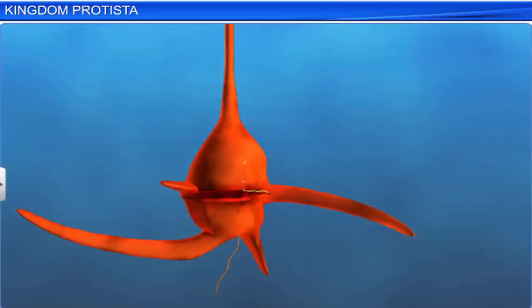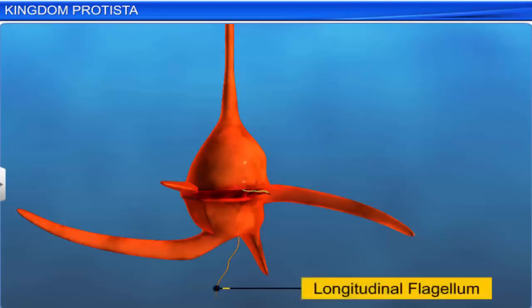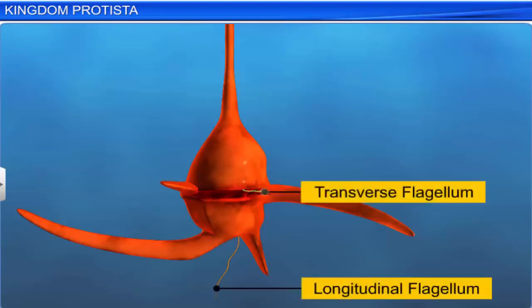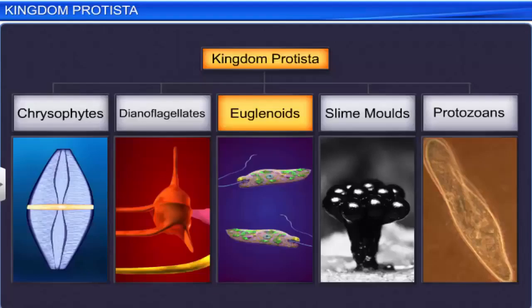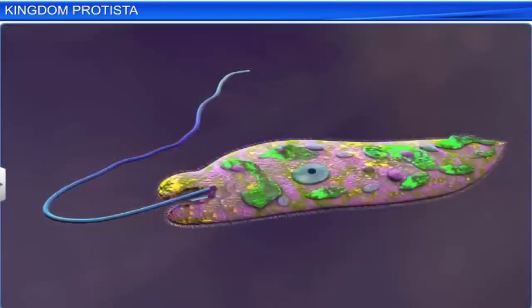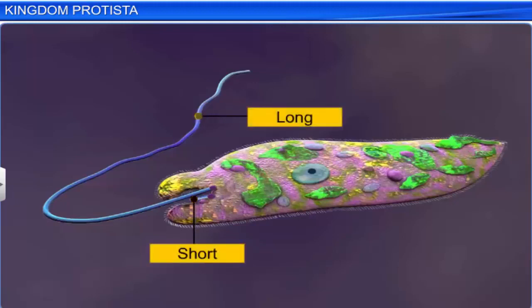Dinoflagellates usually have two flagella, longitudinal flagella and transverse flagella. Their names indicate how both the flagella are positioned. Euglenoids too, like dinoflagellates, have two flagella, one short and the other a long one.